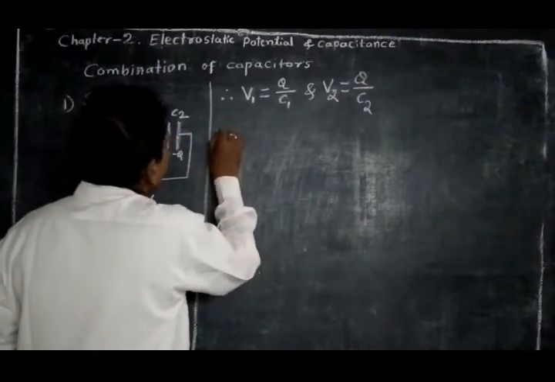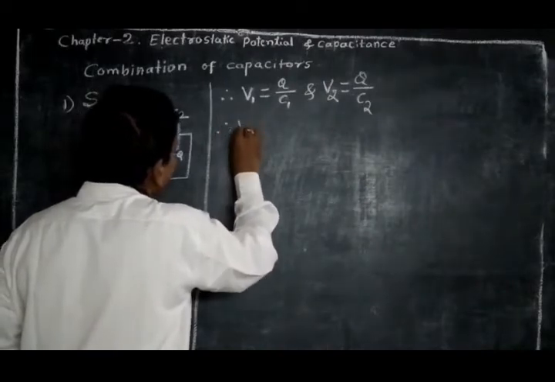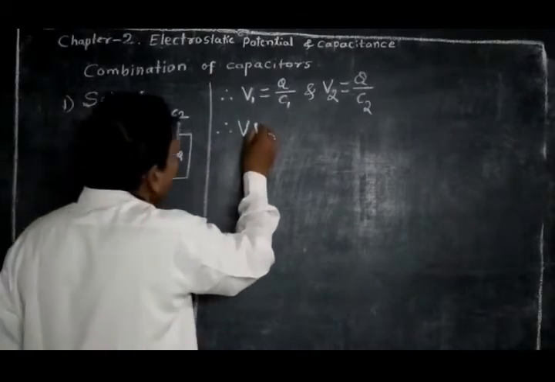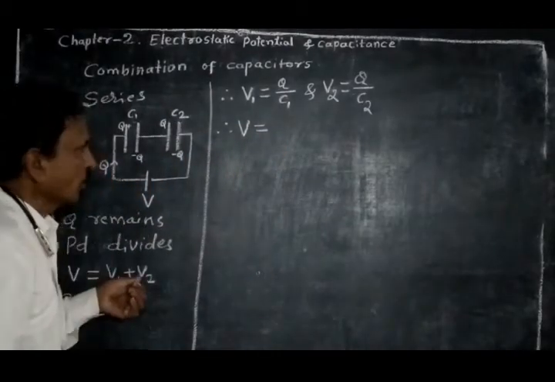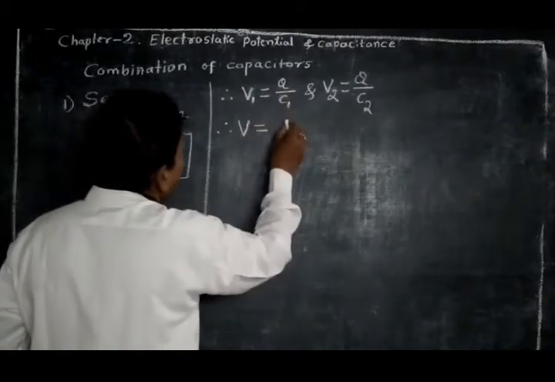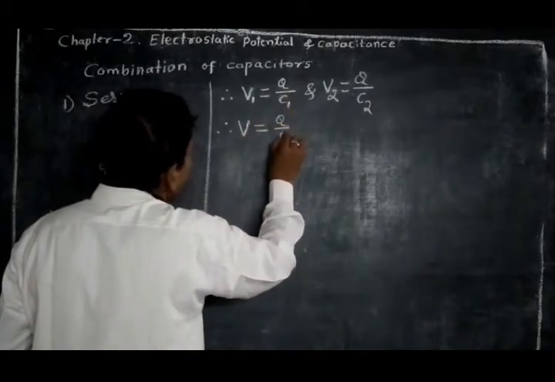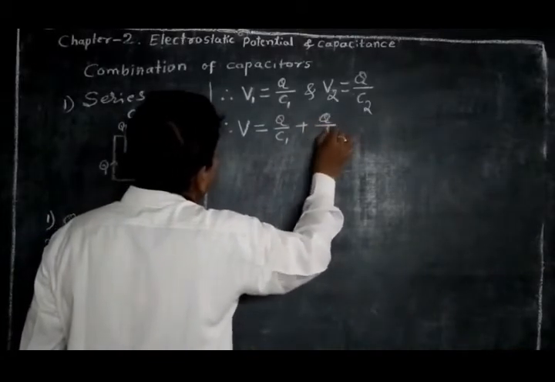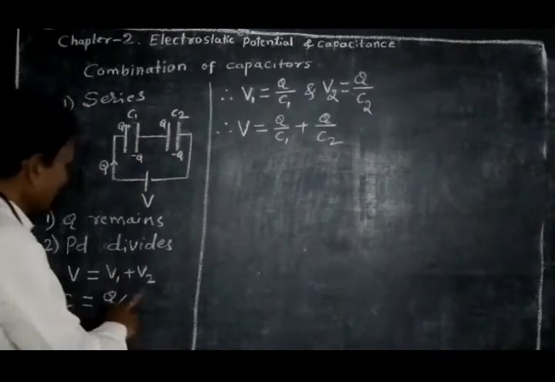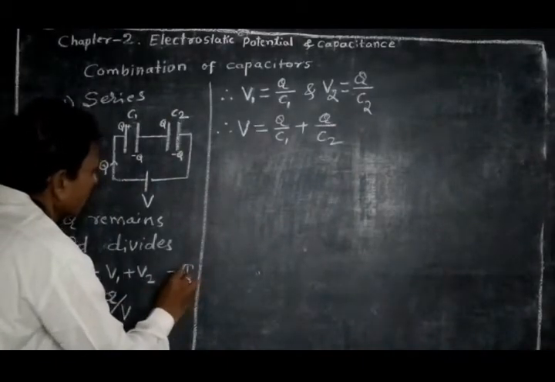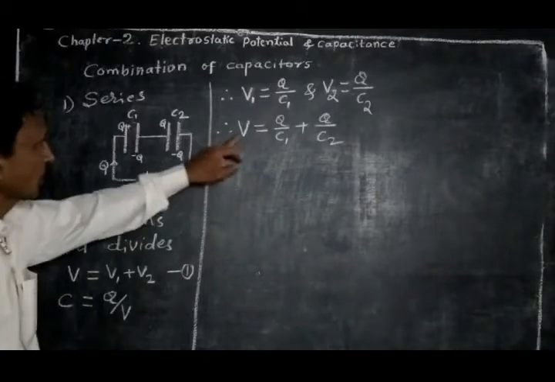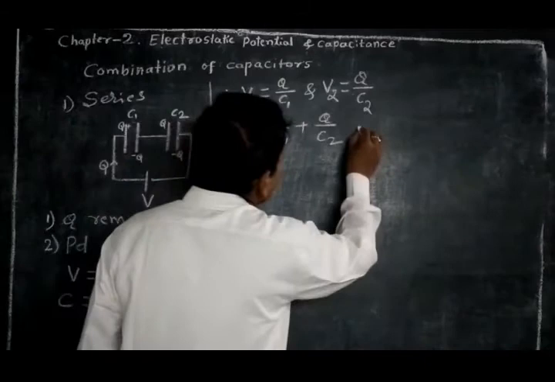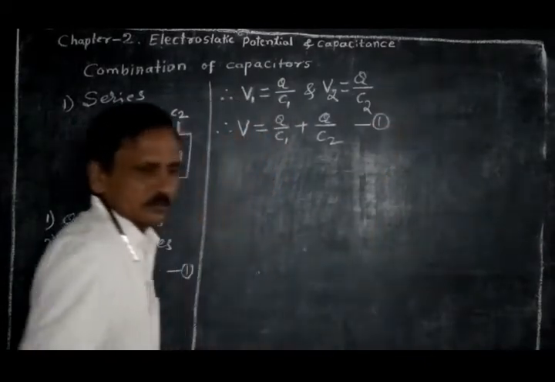The total or net potential difference across the combination is V, and V equal to V1 plus V2, which is Q upon C1 plus Q upon C2. Consider this as equation 1. From equation 1, V equal to Q upon C1 plus Q upon C2.